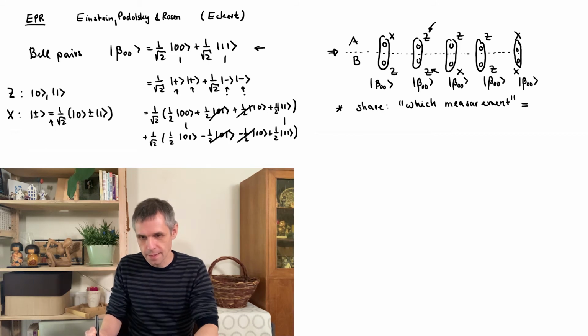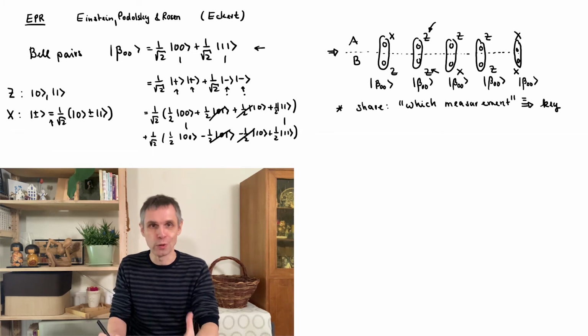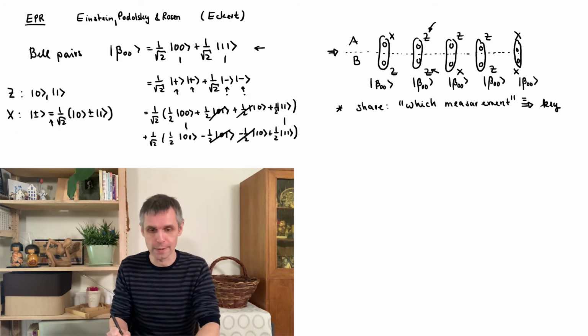And again, when these measurements were identical, they keep the corresponding bits for their key, which we would not know, so I'm not even going to specify it here, but these could be zeros or ones.